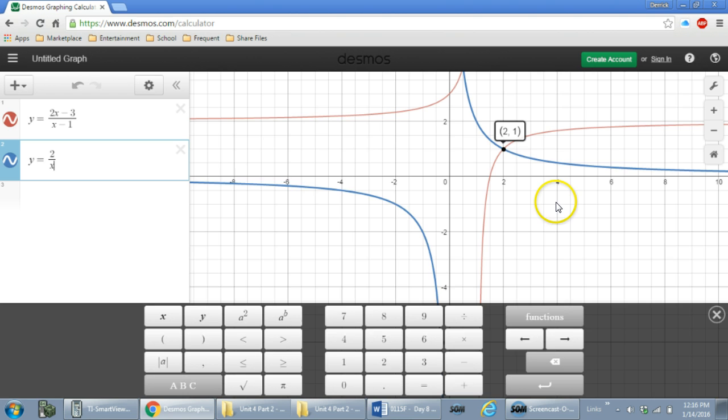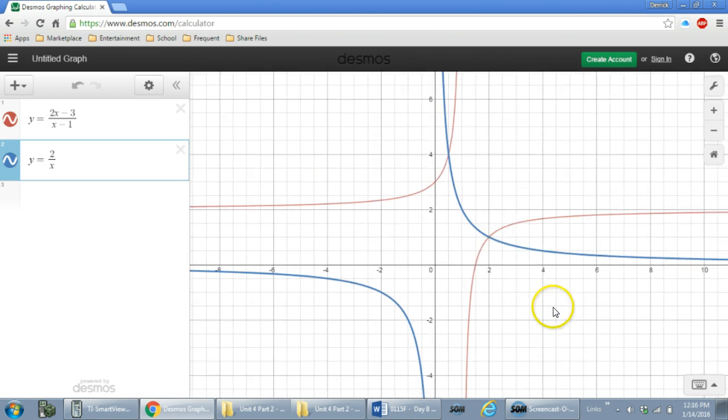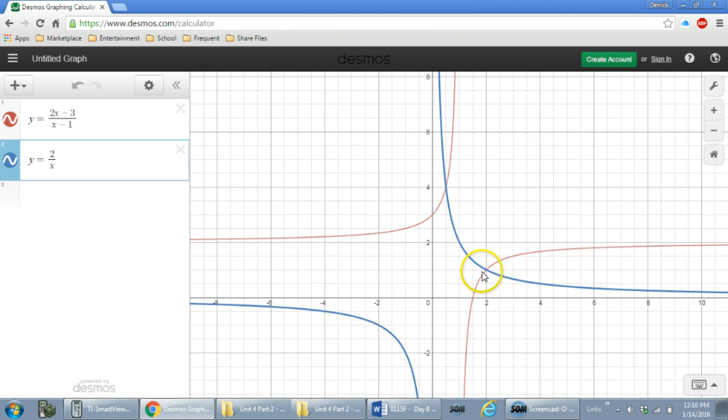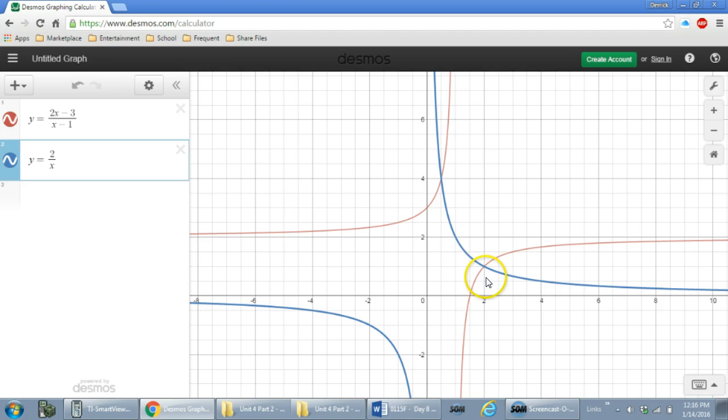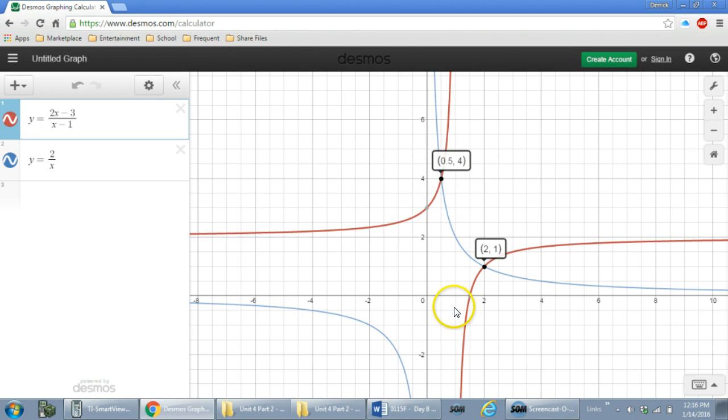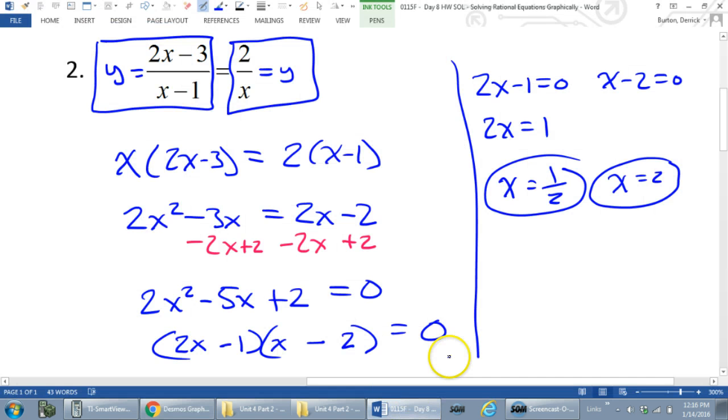Alright, so I get this crazy looking graph, and I want to see where they intersect. Okay, that's one intersection point, and here's another intersection point. So it's the x values, so 2 and 0.5. So there's my 2 and there's my 0.5.